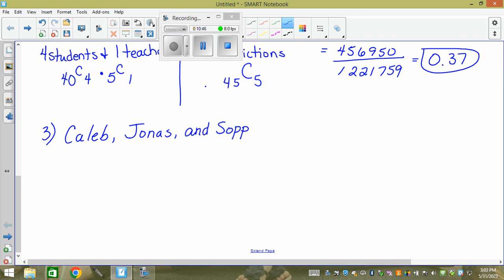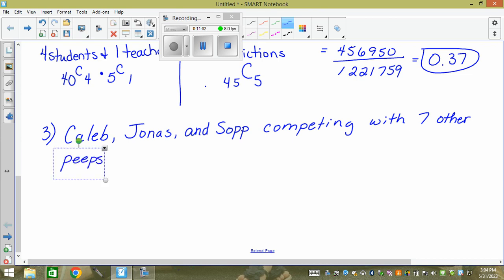Caleb, Jonas, and Sop, with 7 other peeps, are on the school's cross-country team.